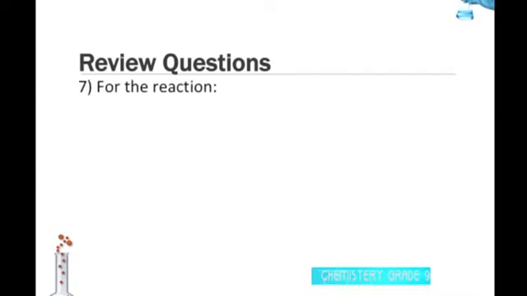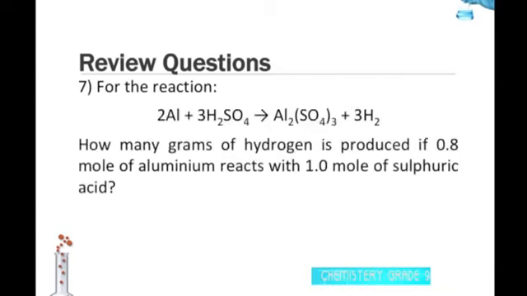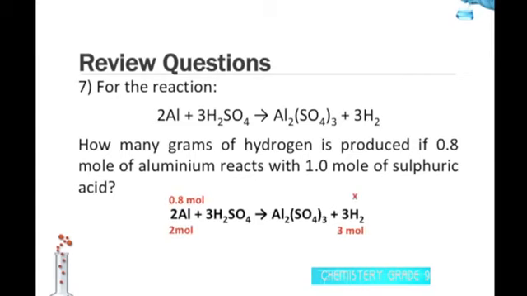For the reaction, how many grams of hydrogen are produced if 0.8 moles of aluminum reacts with 1.0 moles of sulfuric acid? With the known and the unknown on the top, the mass on the bottom, set up the proportion, solve for x.